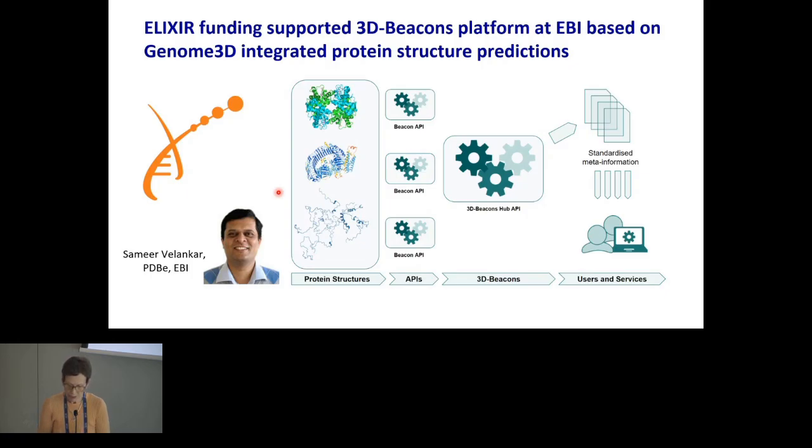So this 3D beacons that Samir has set up will grab predicted data from all these different resources, from AlphaFold, from Swiss model, from RosettaFold, from any other groups that generate models that aren't in the AlphaFold database, refined models. These are APIs that will bring the data together and integrate it so the community can see differences between the predictions and can use as much data as possible.